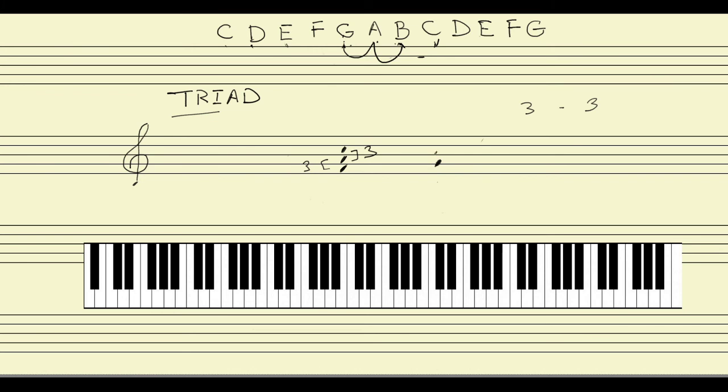So a third above G is a B. So there's our first third. Then we need another third, so we're going to go B1, C2, D3. And guess what? Our next third is D. So again, we have another third followed by a third.